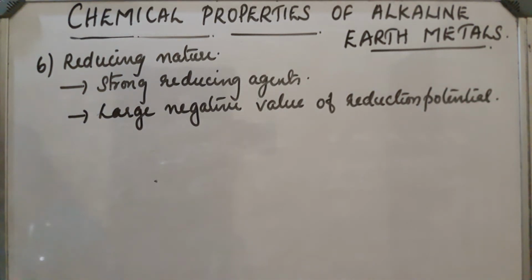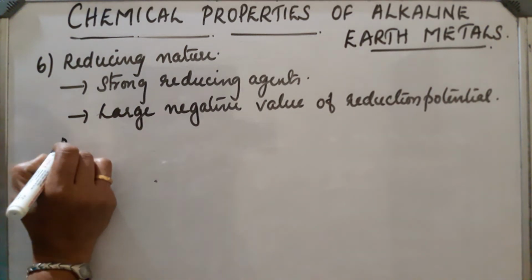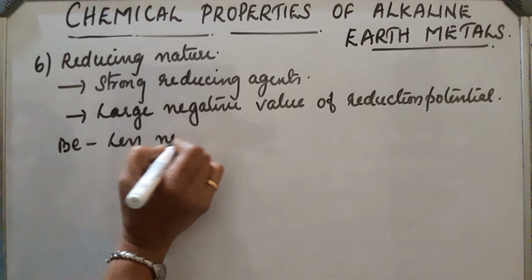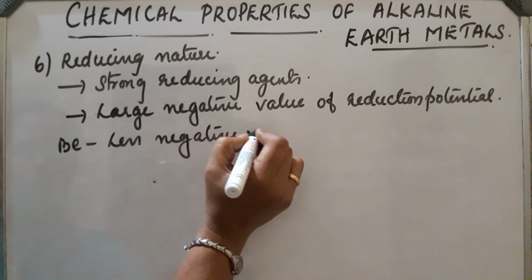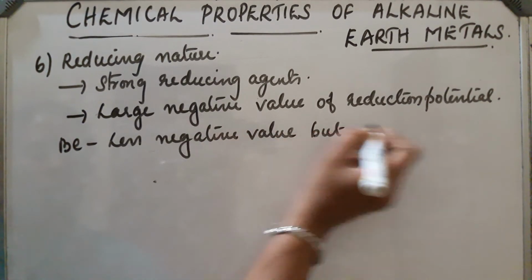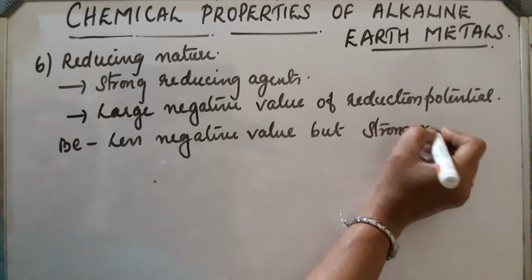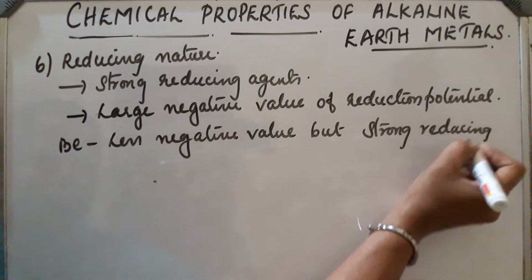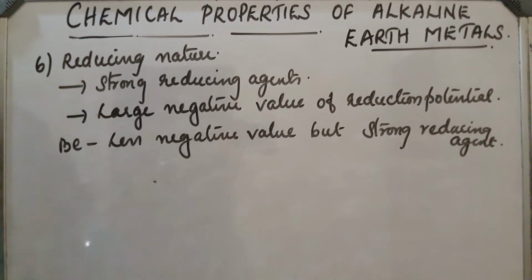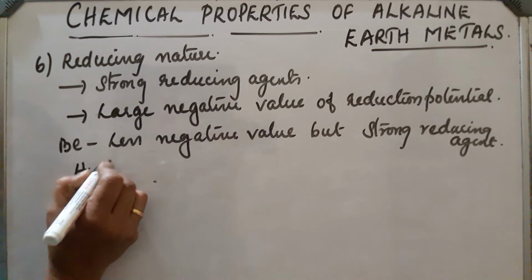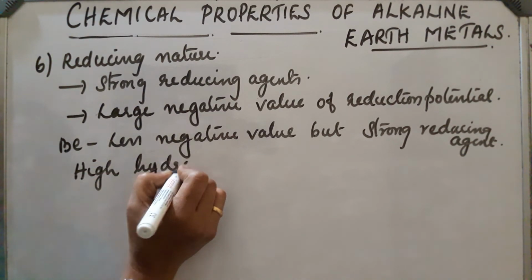But if we compare beryllium, beryllium has a less negative value of reduction potential, but it is still a strong reducing agent because of its smaller size, high polarizing power and high hydration enthalpy.